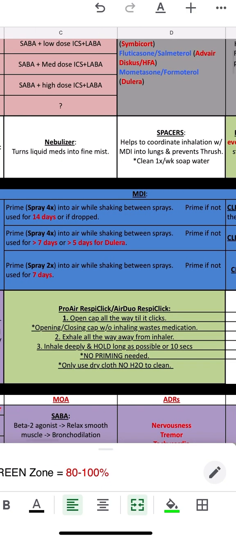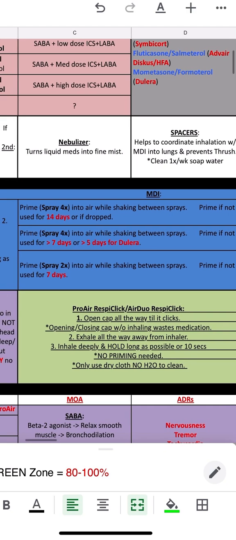Prime. Spray 4 times into the air while shaking between sprays. Prime if not used for 14 days or if it's dropped. Prime, which means you have to spray 4 times into the air when you first start using it or between sprays. Prime if not used for 14 days or if it's dropped.